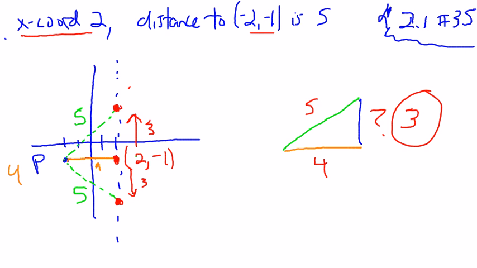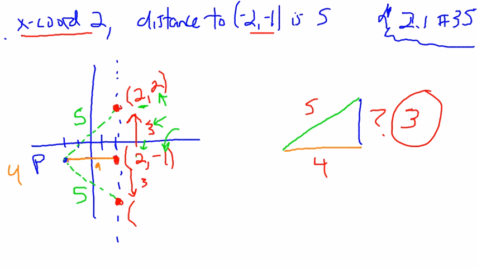So when I go up 3, I'm at 2 comma 2. I added that 3 to the y coordinate, and the x coordinate stayed the same. So the negative 1 and the 3 add to give me that guy.